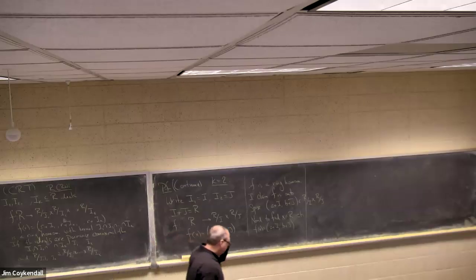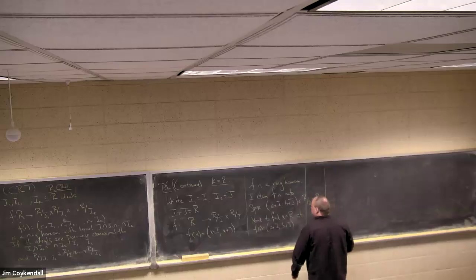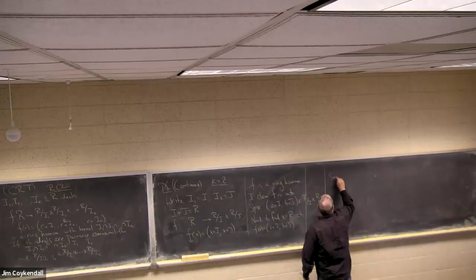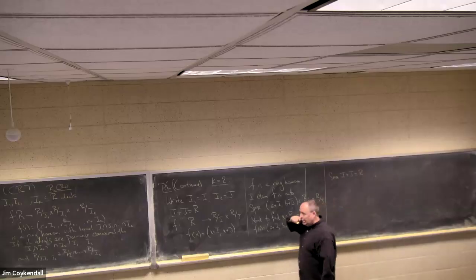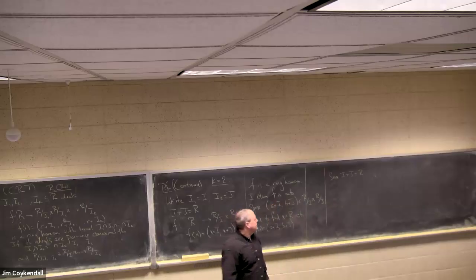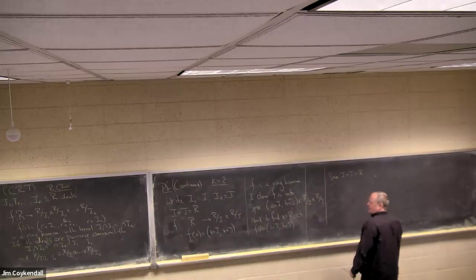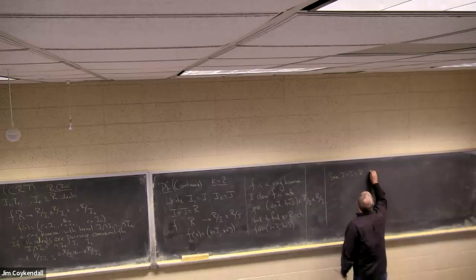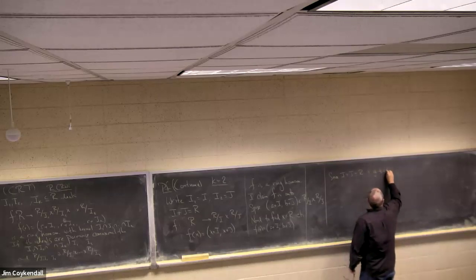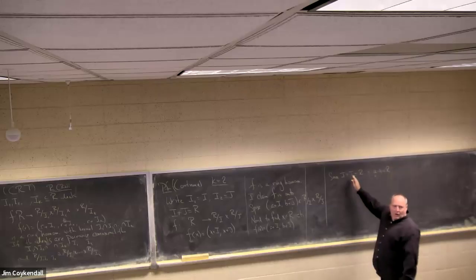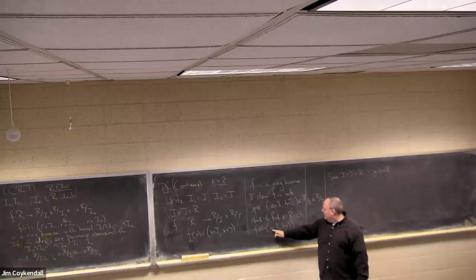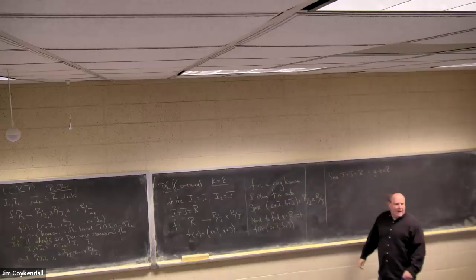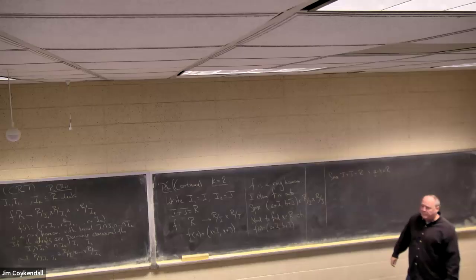Our assumption is these ideals are comaximal, so I plus J is R, and we also have certainly A minus B. Here, relevant A and B. A minus B is an element of R, right?